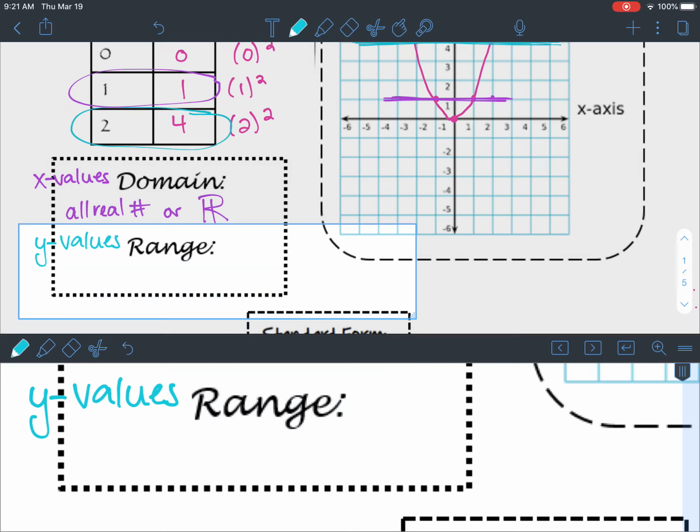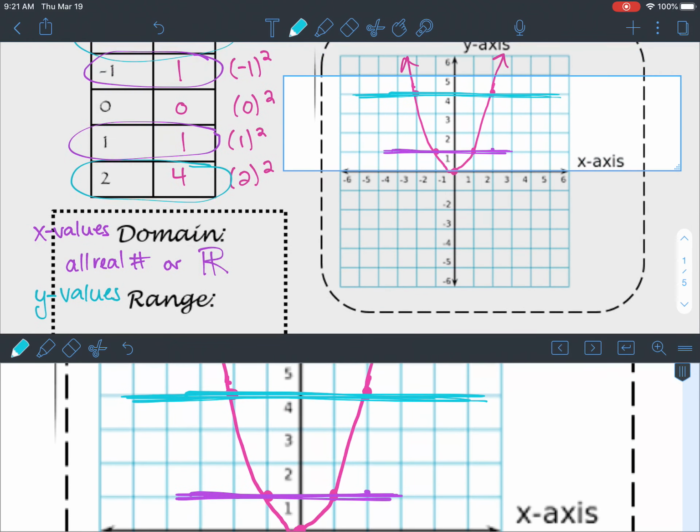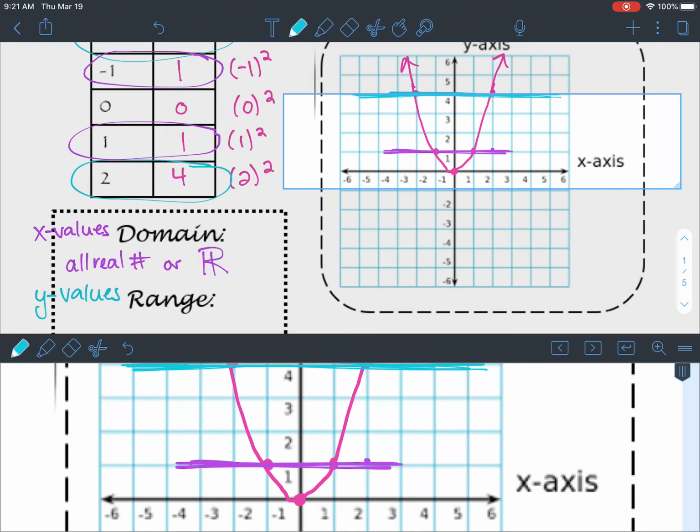Now I said range refers to my y values, so I want to know what y values this function is going to be hitting. So if I look at my parabola, when we talk about domain and range, we always talk about going from negative infinity to positive infinity. So when I was talking about those x values, that means that my x values are going to hit every number from negative infinity to positive infinity.